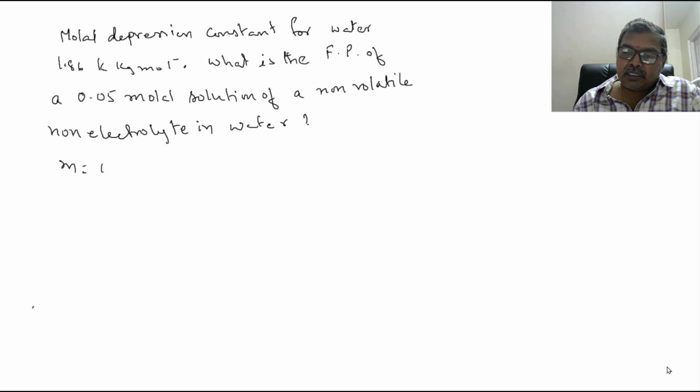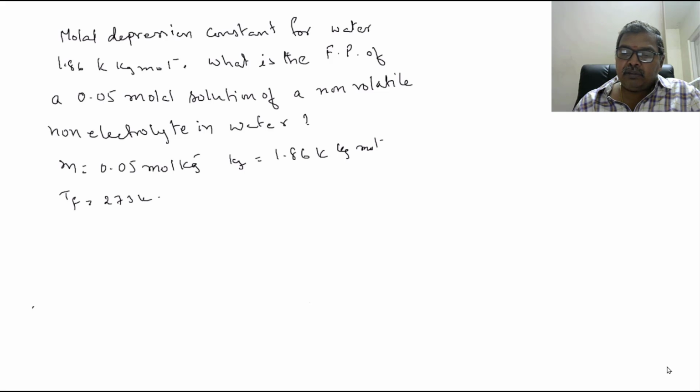The molality of the solution is given, 0.05 mole per kg, and the Kf value is given, 1.86 Kelvin kg per mole, and Tf naught we already know, 273 Kelvin. We have to find out the Tf value. So Tf naught minus Tf is equal to 0.05 into 1.86.